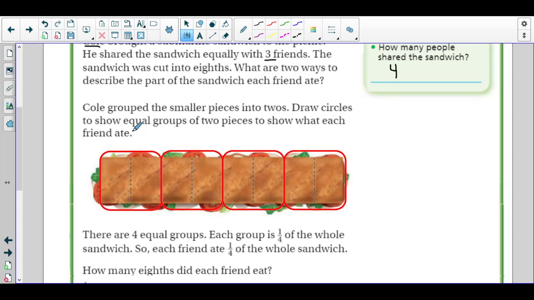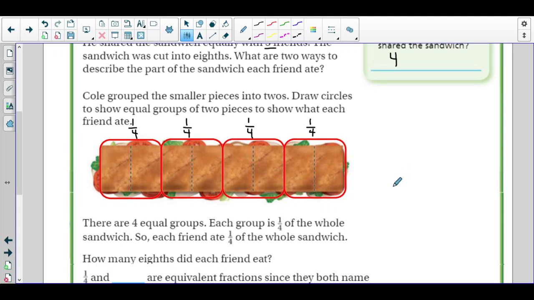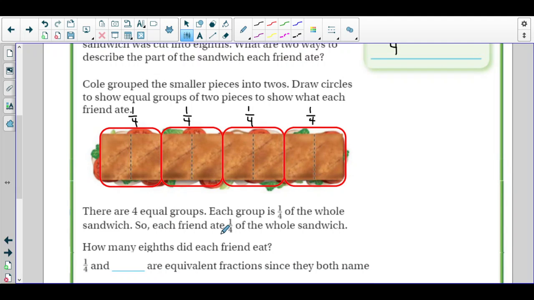All right, so here's 1/4 and 1/4, 1/4 and 1/4. So how many eighths did each friend eat?